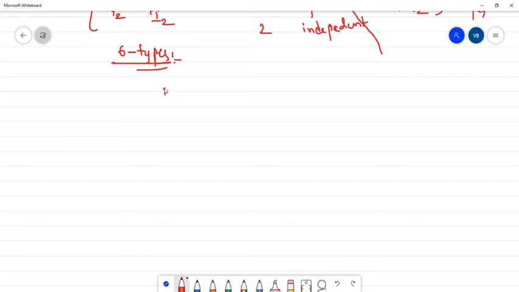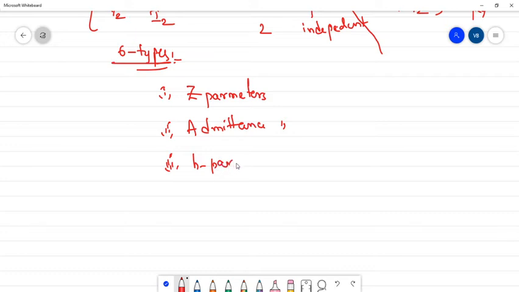First one is Z parameters. Z is nothing but impedance parameters. Second one is admittance parameters. Third one, which comes under your EDC subject, is H parameters.